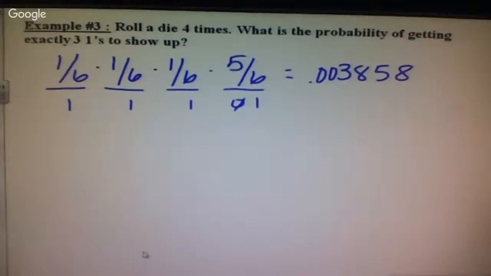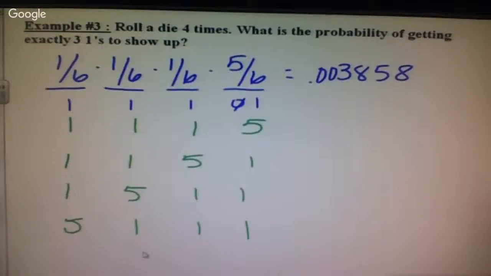So this would be something like 1115. I could change it up and do 1151, 1511, or 5111. So I've got 4 different ways where I can put my ones.